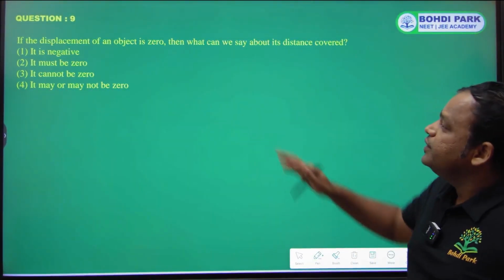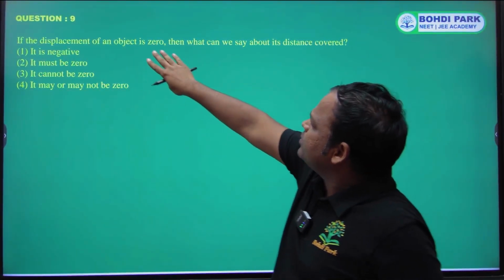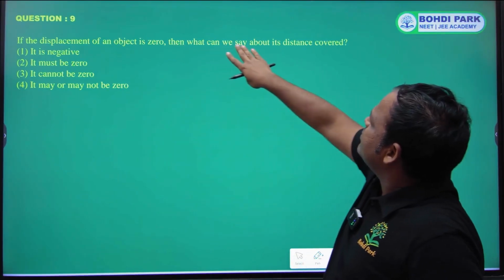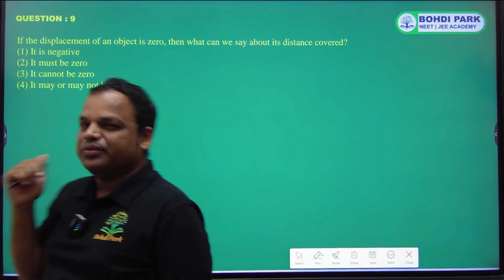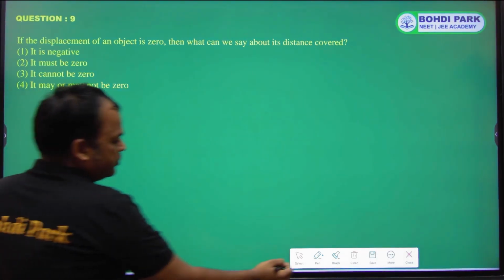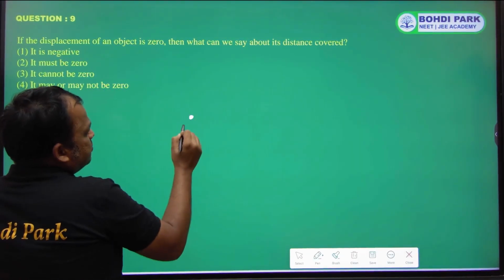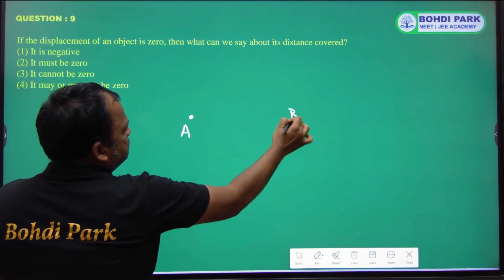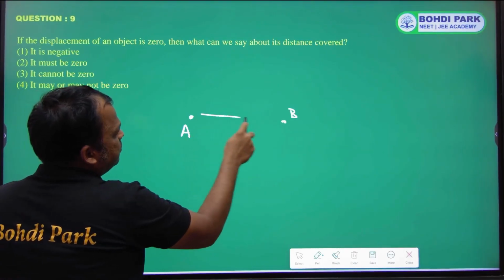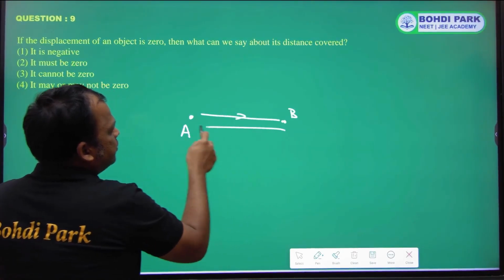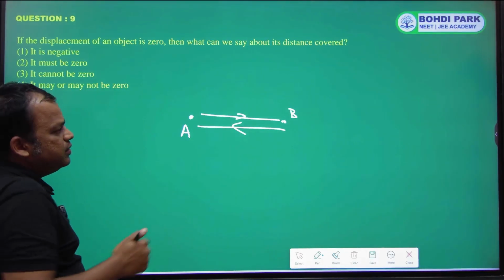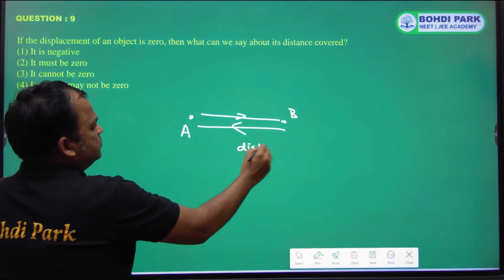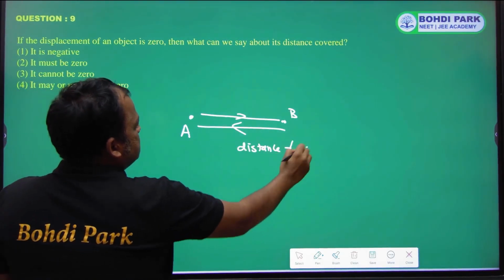Ninth question. So if the displacement of an object is 0, then what can we say about distance covered? Displacement is 0. Suppose particle is going A to B, then coming back from B to A. So displacement is 0. So distance is not 0.